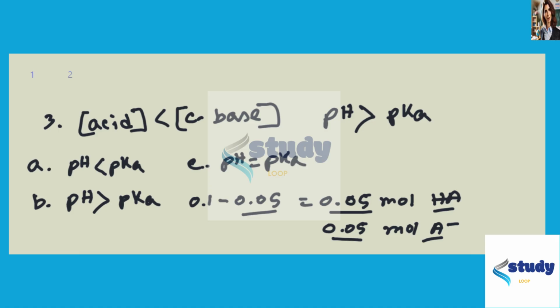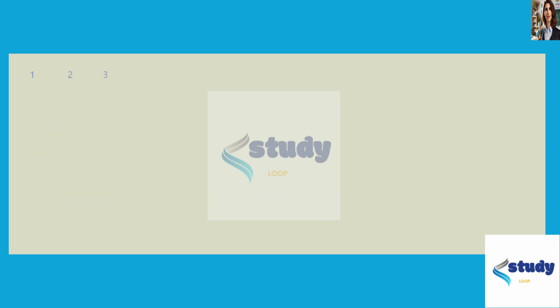And then in D, we have 0.1 mole HA and 0.075 mole OH minus. In the resulting solution, our acid amount will be 0.1 minus 0.075, so the resulting number of moles will be 0.025 mole HA.